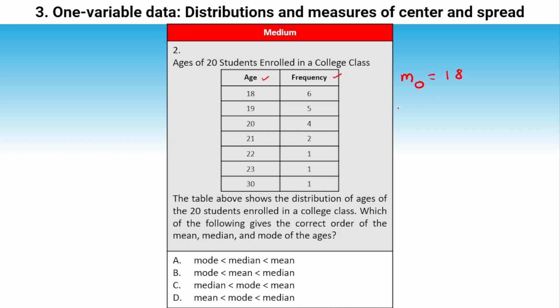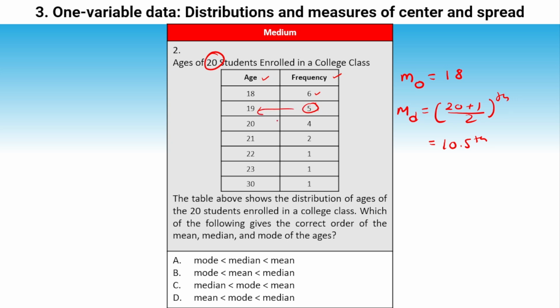So what is the median? Median is the (n plus 1) by 2 item, right? The number is 20, so 20 plus 1 by 2, that is 21 by 2, that is the 10.5th item. So what is our 10.5th? This is 6, right? 6, 7, 8, 9, 10. So the 10th item will lie here, or the 10.5th item will lie here.